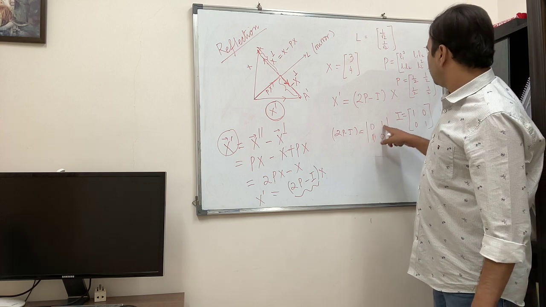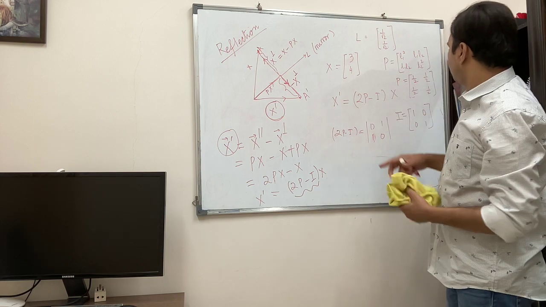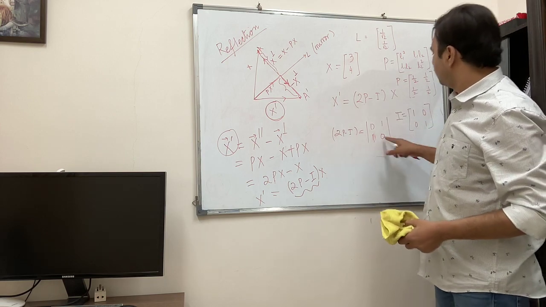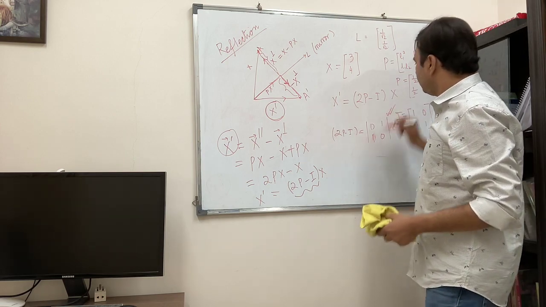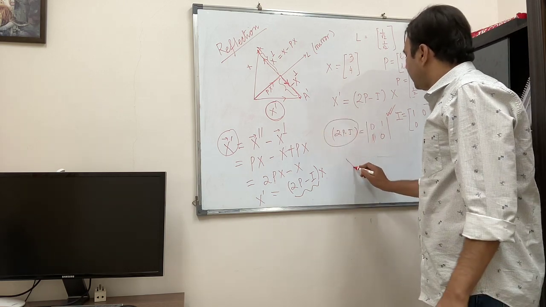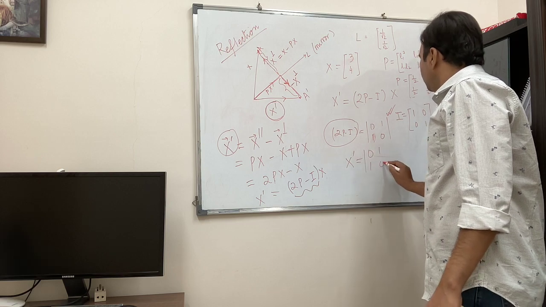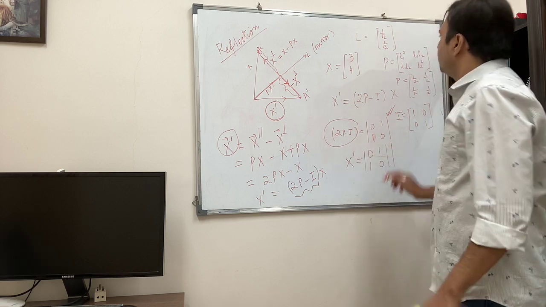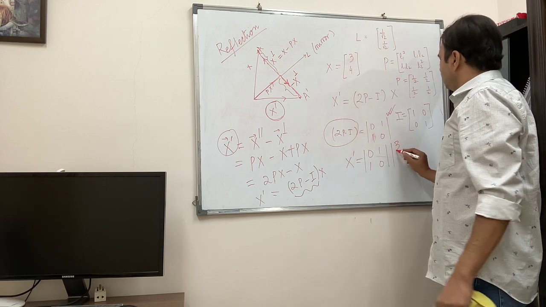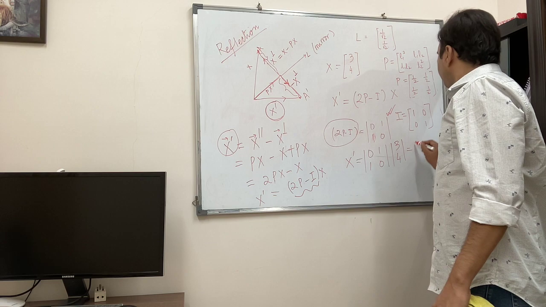And the terms here and here will not change, because I has got 0 in those places. So I'll get this matrix. Once I get this matrix, the reflection x dash is nothing but 0, 1, 1, 0 times 3, 4. And if you do that, you will get 4, 3.